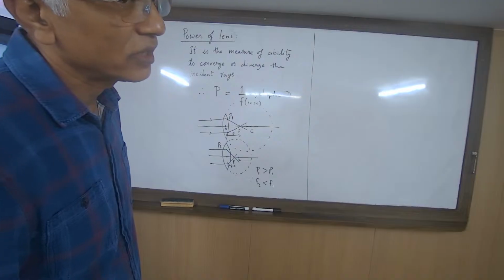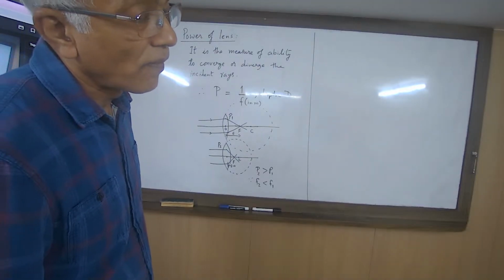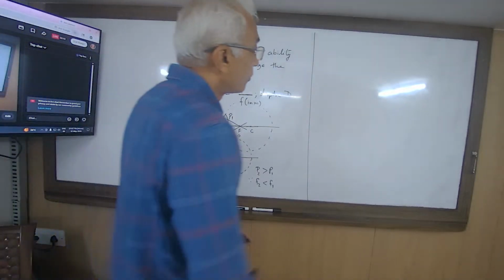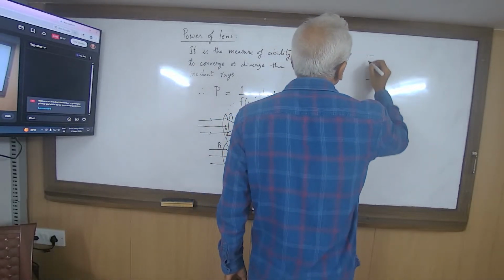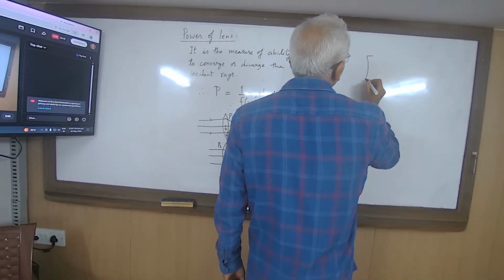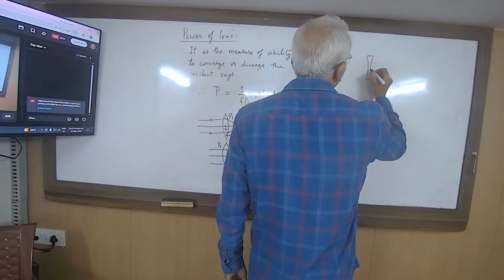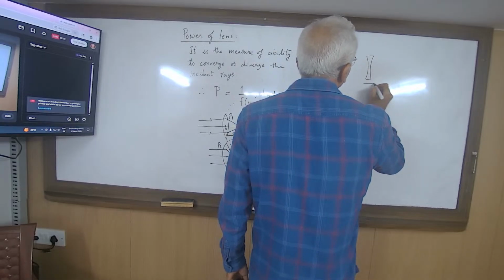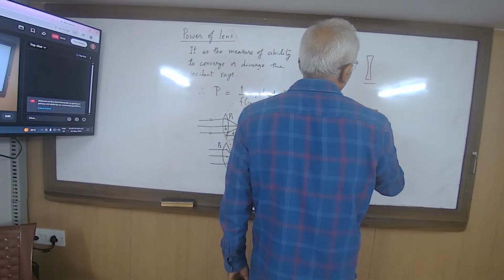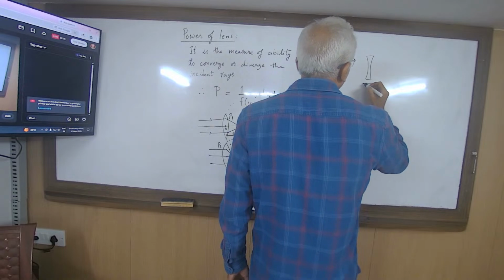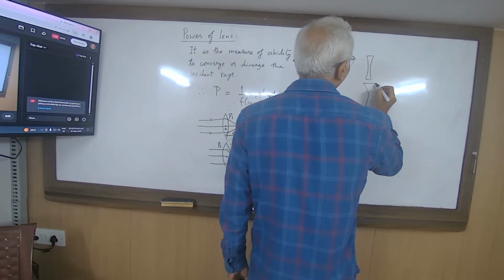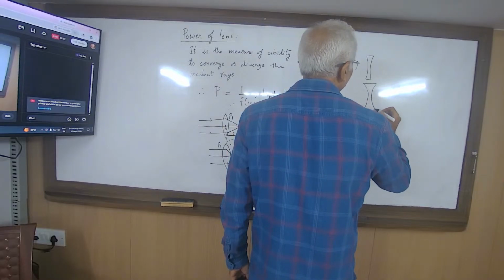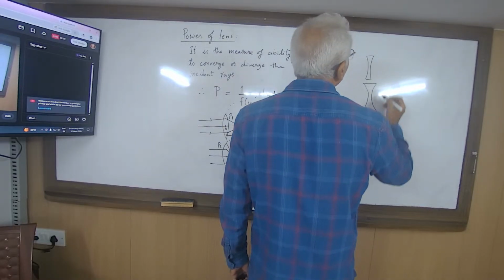It depends on the curvature, right? Let's say you have a thin one. The thin one would have less curvature. Now I have a thicker one. Make the spheres. The thin one will have a bigger sphere.